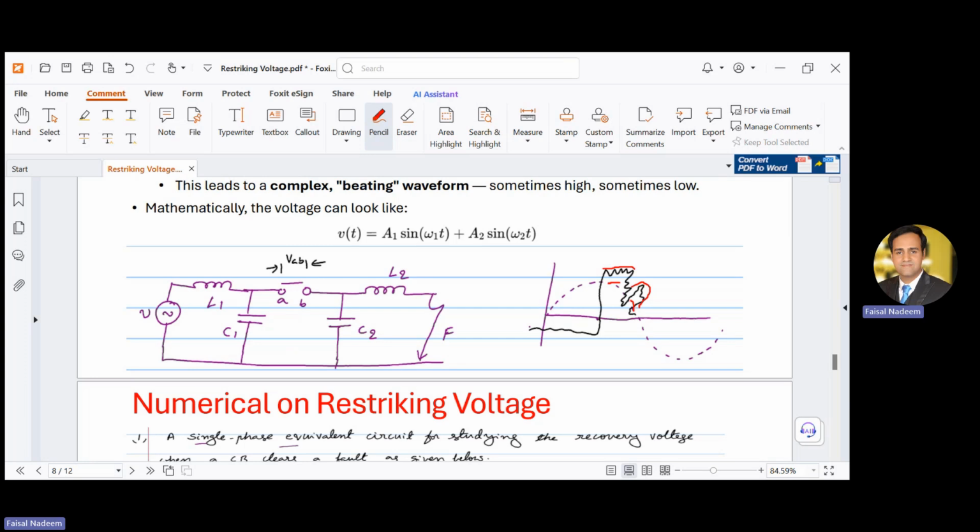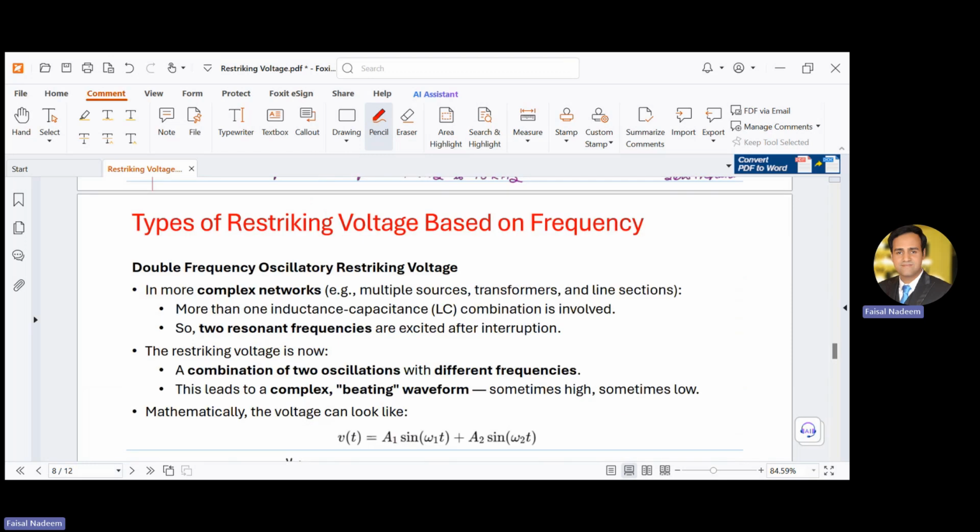So we have two different capacitors and two different inductors, and because of that we have two different frequencies. This is known as double frequency oscillatory restriking voltage.